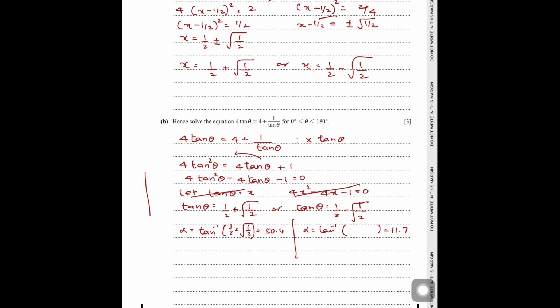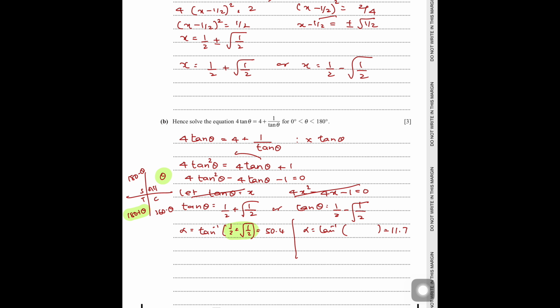Now I have this ASTC: theta, 180 minus theta, 180 plus theta, 360 minus theta. Now tan is positive here, so that's first quadrant and third quadrant, and tan is negative there. Oh, that's also positive, sorry. Half minus square root of, okay, that's also positive. So let me check again to be sure. Oh, that's negative.